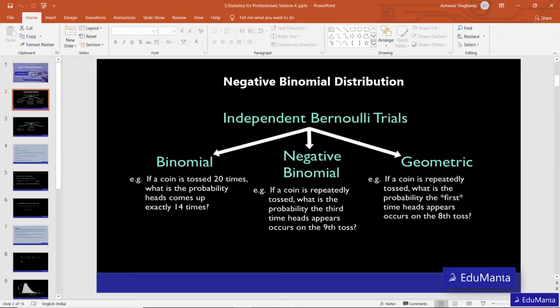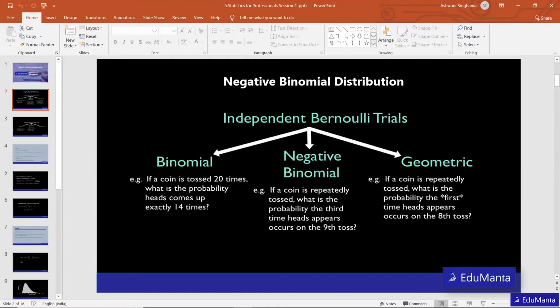When we compare it with the negative binomial, let's see what is fixed and what is variable. If a coin is repeatedly tossed, the number of random experiments is not fixed. In the earlier binomial case it was 20, it was fixed, but here it isn't fixed.